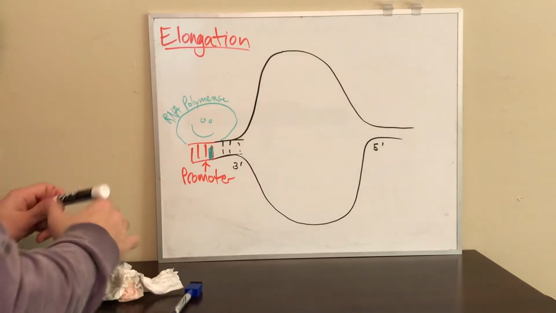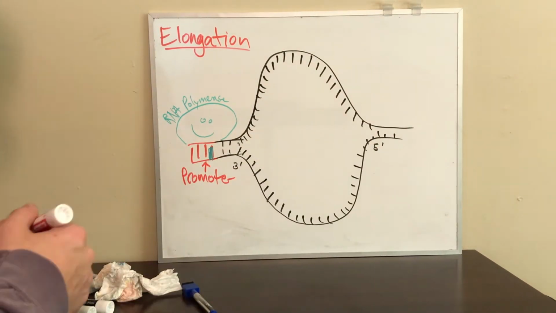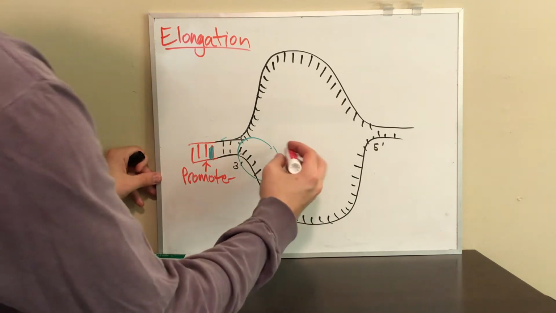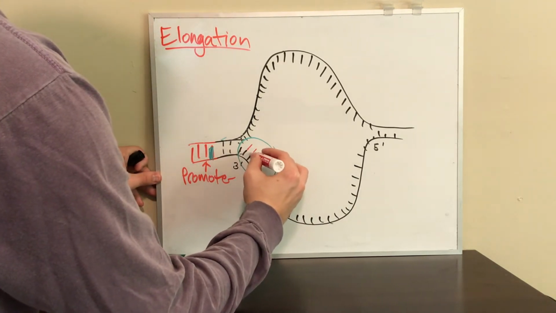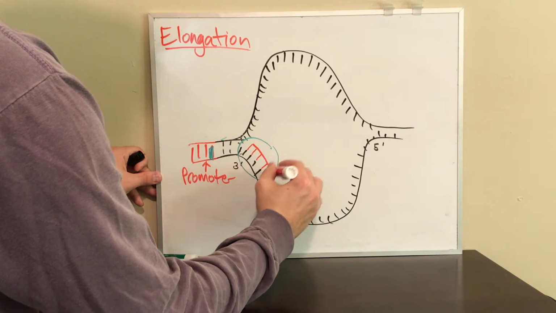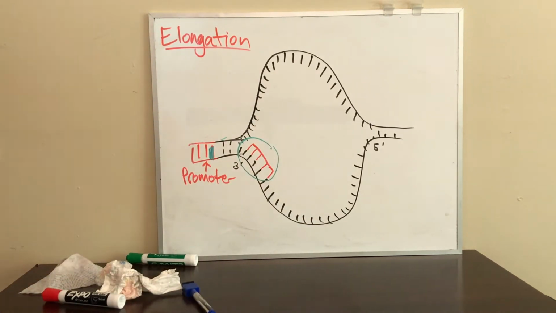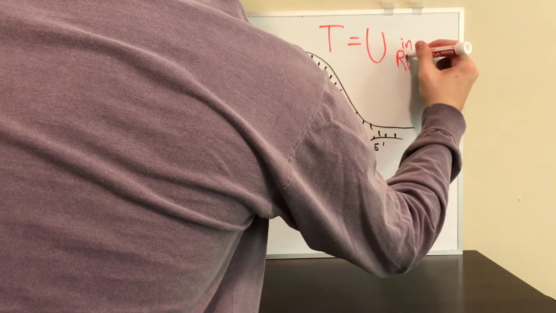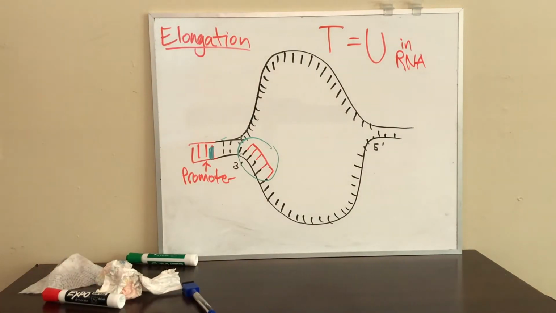Each new piece of mRNA that is laid down will be a nucleotide that pairs up with the DNA template nucleotide sequence. However, RNA uses the nucleotide base called uracil instead of thymine. So thymine does not exist in RNA. It is uracil in RNA. All right?